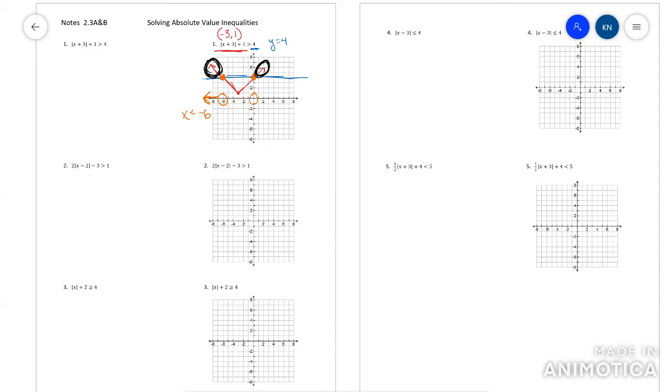Right here is 0, and it's everything to the right of that. So that's going to be all my x's that are greater than 0. And when it's like this, with one going to the left, one going to the right, usually they want you to put the word or in between them. So that would be my answer.